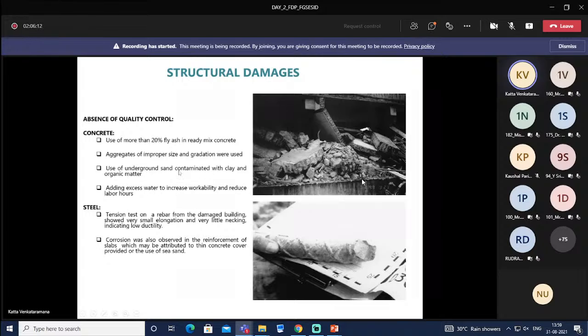So these were some of the causes of failure in concrete, absence of quality control. And in the case of steel, a tension test on a rebar from the damaged building showed very small elongation and very little necking, indicating low ductility. And corrosion was also observed in the reinforcement of slabs, which may be attributed to thin concrete cover provided or use of the steel tank.